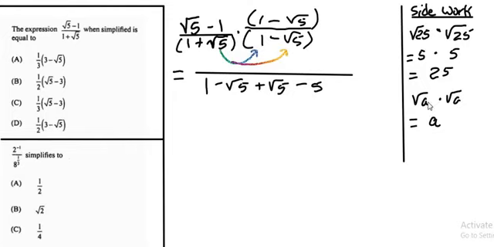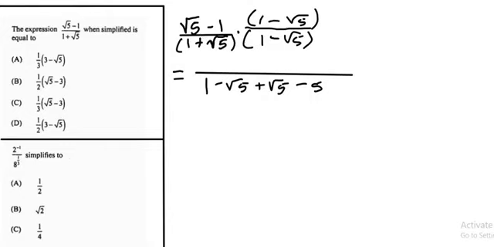Whatever a is, could be 5, could be 2. Let's say it's 5. Root 5 times root 5 will give us back the 5. So that's where the principle comes from. So when I multiply root 5 by minus root 5, I'll get minus 5. By the way, plus times minus is minus. A positive and negative is negative. And root 5 by root 5 just gives us 5, as we apply the principle here.